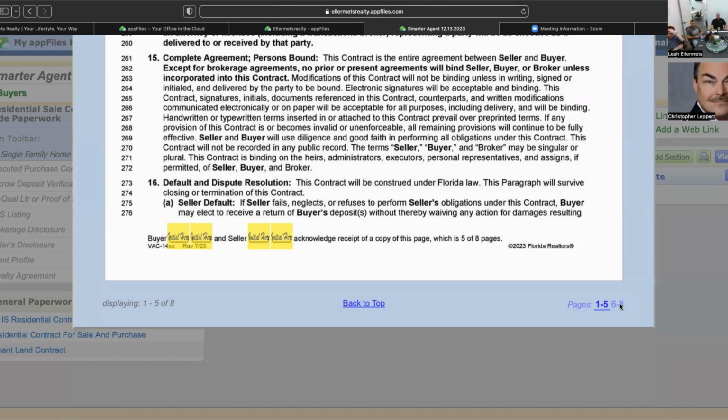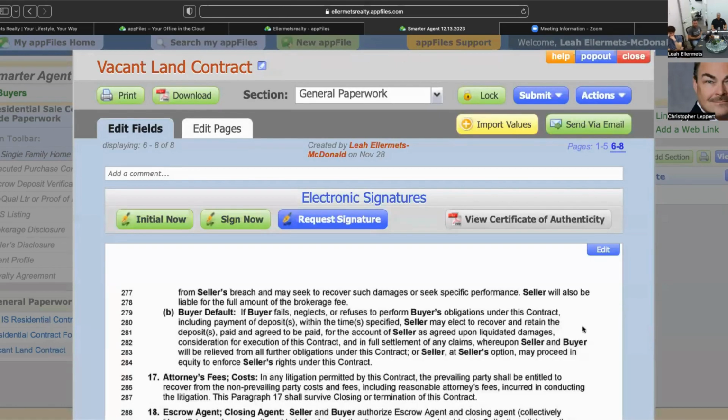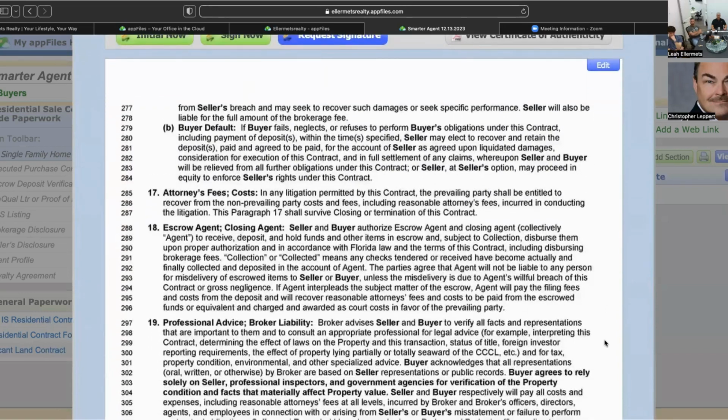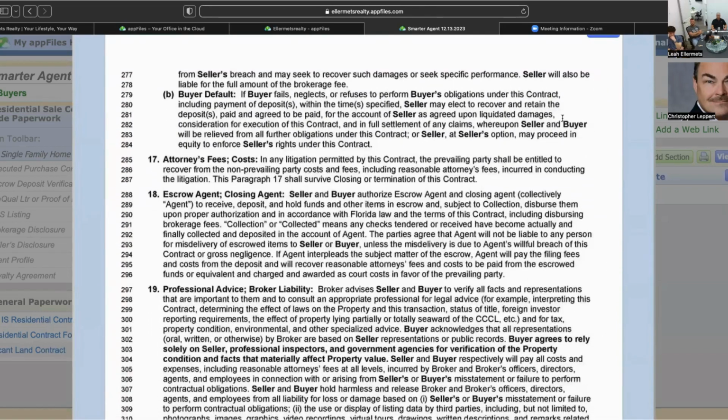Just because a seller changes their mind and decides, yeah, we're under contract, but now I want to list it and sell it for more, that buyer can sue them for forced performance, and they'll end up selling that property to them. Well, sometimes it depends on who has more money. That's the sad part. So again, that's a seller's breach, and the seller will also be liable for the full amount of the brokerage fee or commissions, right?